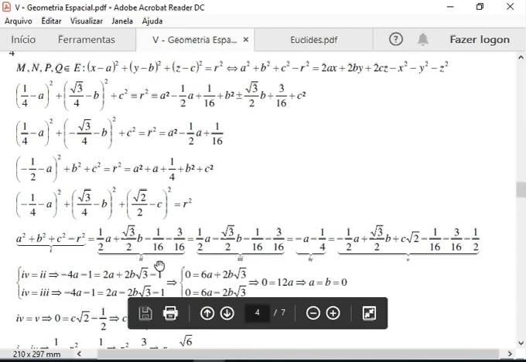By one equation, we have this expression. By the second point, we have this expression. By the third point, we have this expression. And by the fourth point, we have this expression.